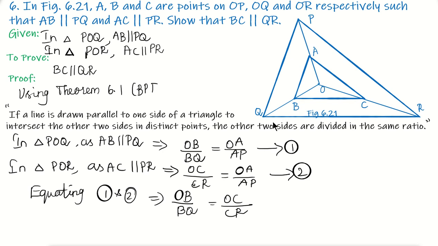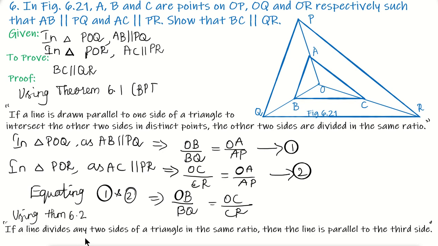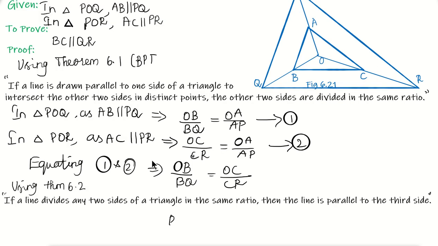Okay, so in a triangle, if a line divides any two sides of a triangle in the same ratio, இங்க BC ன்ற line any two sides same ratioல divide பண்றதுனால this line BC is parallel to the third side ன்னு theorem 6.2, converse of BPT quote பண்ணிருக்கோம். From this we can write BC parallel to QR, which is the required portion we want to prove. To prove ல இருக்குல்ல BC parallel to QR ன்னு, hence we proved this statement.